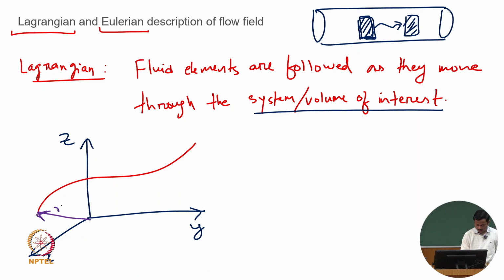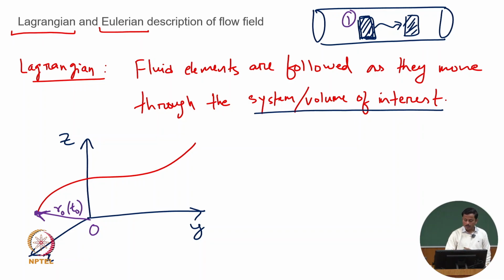So this is the origin, and the fluid element which I have represented here, let's say this is the element 1. This was at position R naught in time t naught. T naught is a reference time, you can take it to be 0 without any loss of generality.